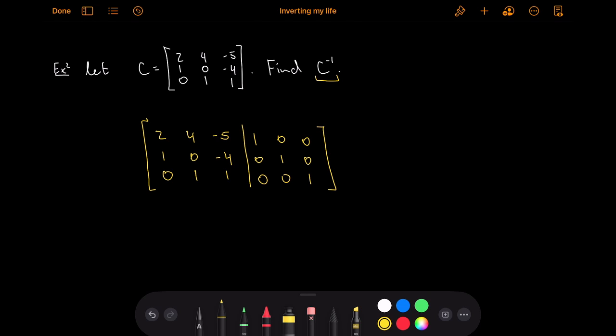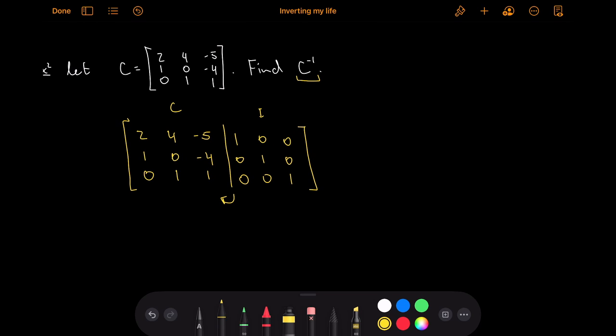And so what we have to do now is move the identity to the left side, and then the right side would be its inverse. So I'm going to go ahead and start doing that. We can start off by switching the first row and second row, and then switching that new second row with the third row.